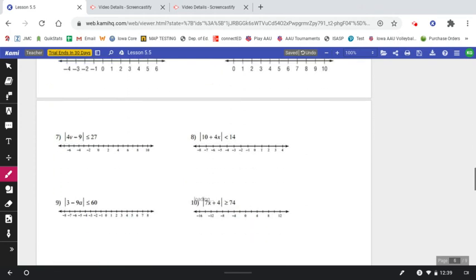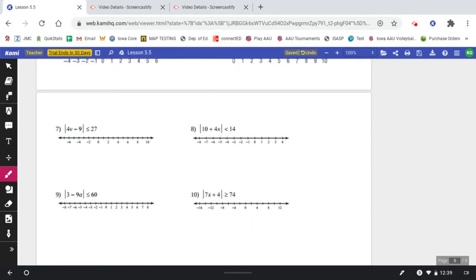Let's go down here to a two-step one. So for number 8, I would have 10 plus 4x is less than 14, or 10 plus 4x is greater than negative 14. Subtract 10 here to start, so 4x is less than 4.